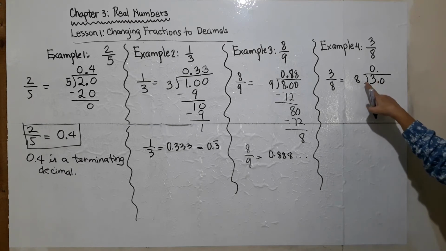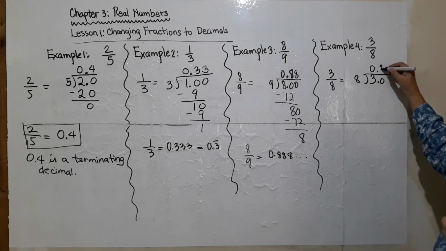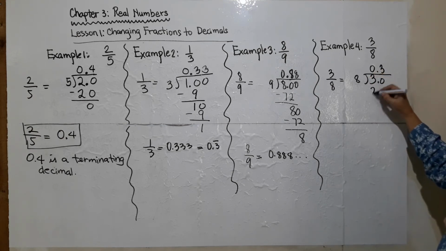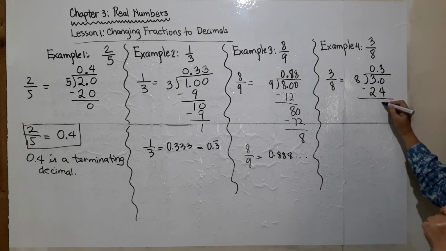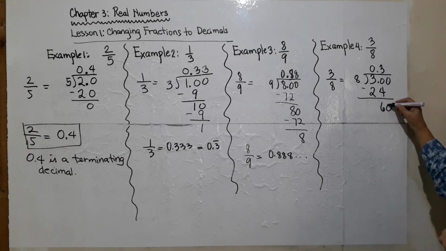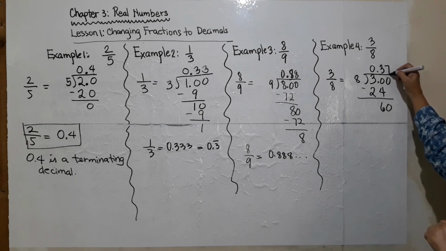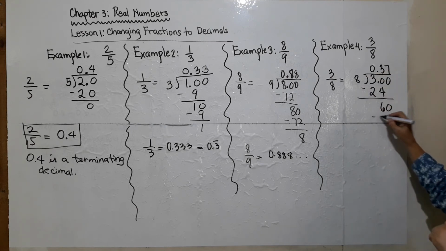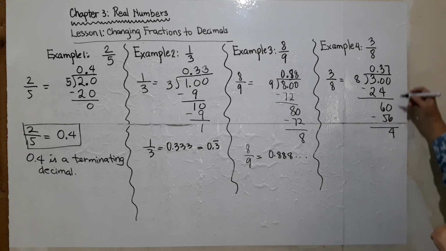Divide 30 by 8, you will have what? 3. Then multiply, you have 24. Minus, we have 30 minus 24 is 6. 0, bring down. How many 8s can we get from 60? We have 7. We have minus 56, 4 only.